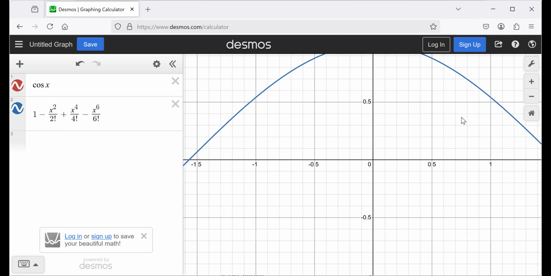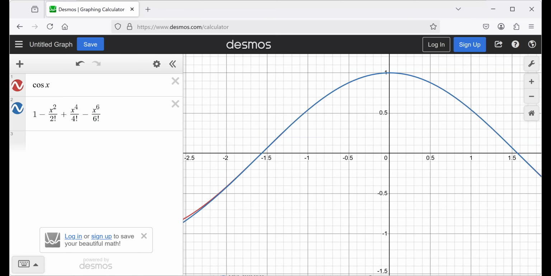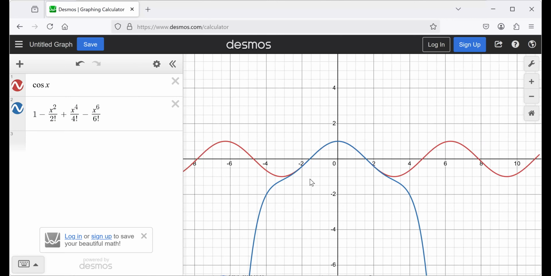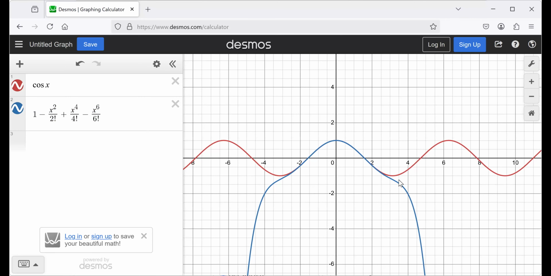Obviously, this approximation only works on a finite interval, but a lot of the time the cosine is going to be in a finite interval.